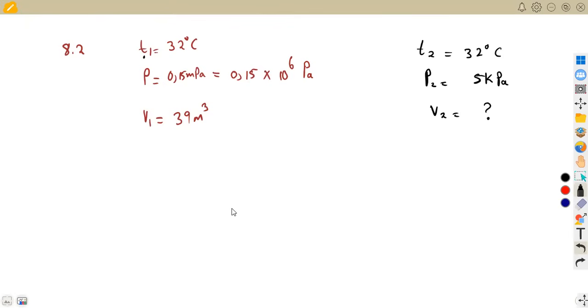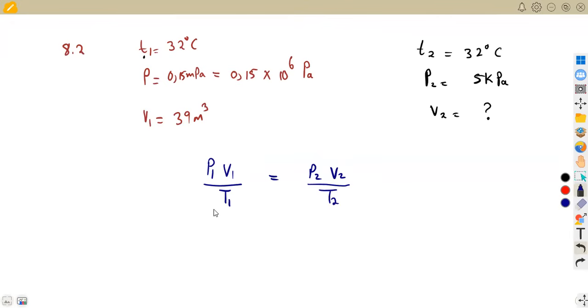That is our question. From our laws of gases, we understand that pressure times volume, we can say P1 V1 over T1 is equivalent to P2 V2 over T2 when we are given pressure and volume and having our temperatures.